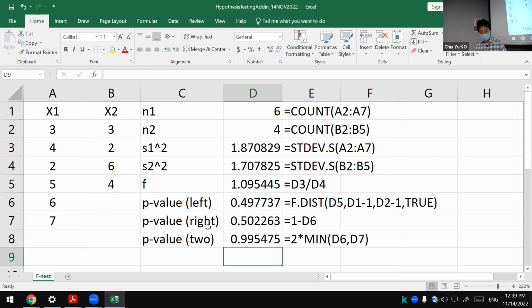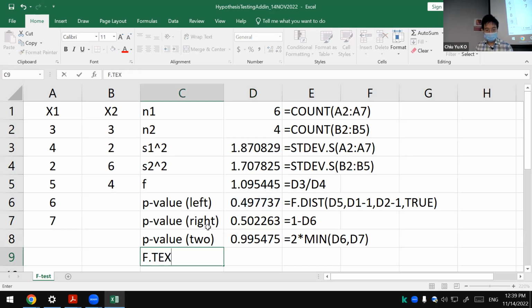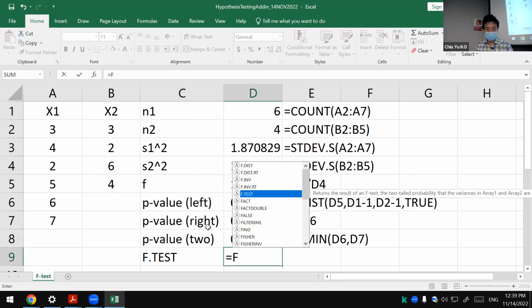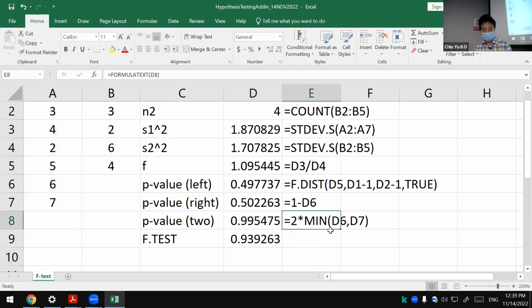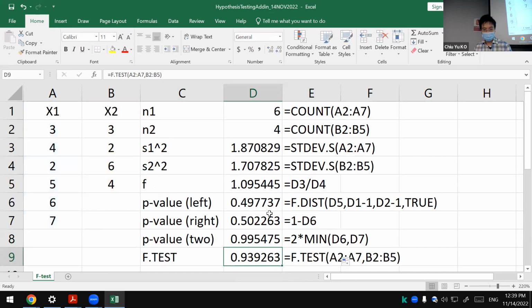And you can also use F.TEST. Then it's very simple: you just input the two data sets, and you're done.